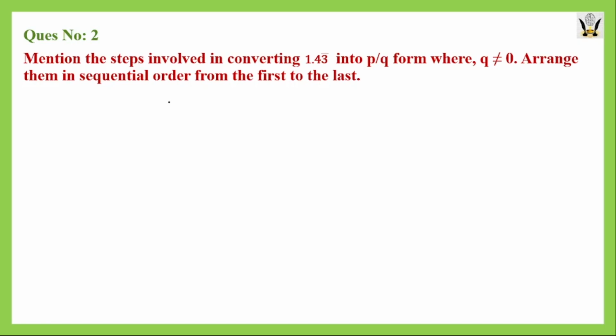So while converting, in the first step again we will assume that recurring number as x, so 1.43 bar. So it will be 1.43, then 3 will be repeated. So this will be our first equation.